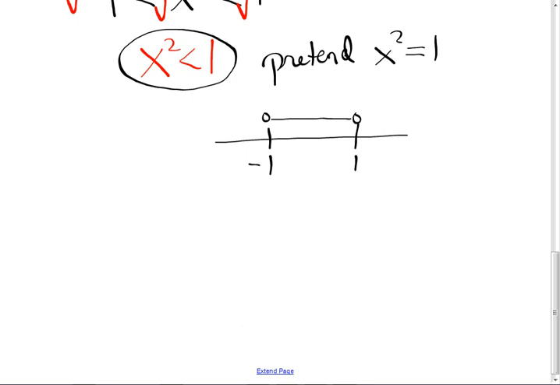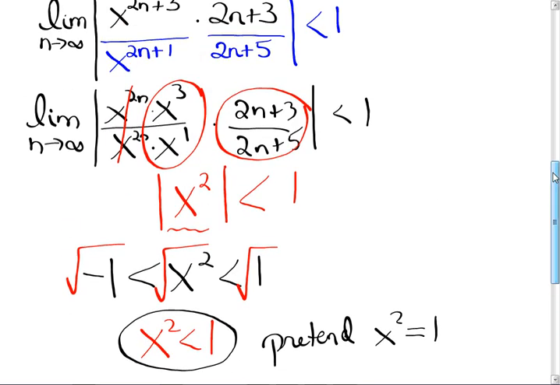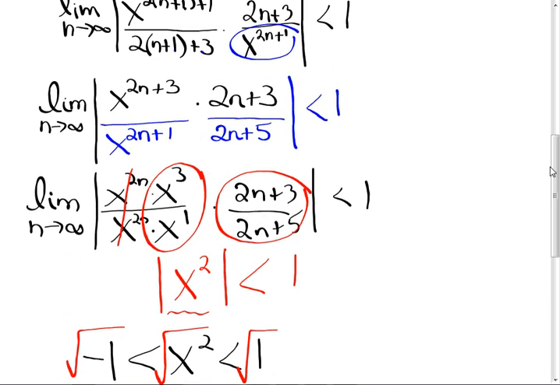What happens? Let's put x equal to 1 into our ratio test. X equals 1, right in here. If x is equal to 1, then I'm going to get what? I'm going to get this limit. That's 1, obviously, right? This is 1, that's 1, doesn't matter what it is.